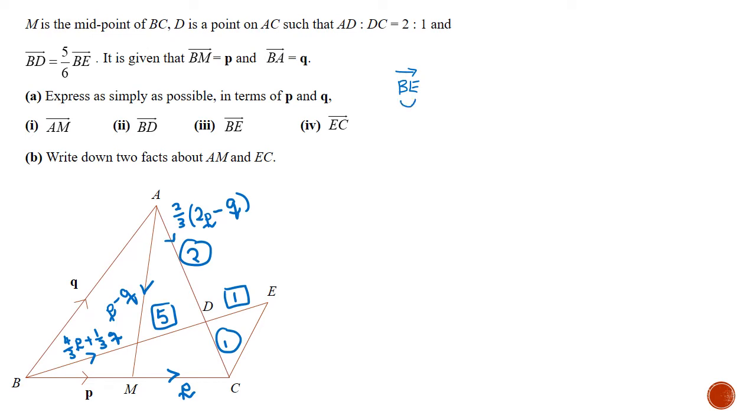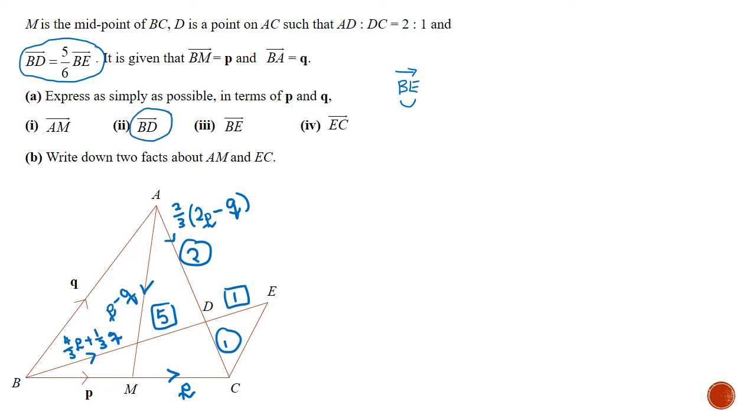Well, you may be looking at the diagram now to look for the most direct path, but you should also refer back to the question and see what type of information is already given. From the question, we recall that BD will be equal to 5 over 6 times BE, and earlier on we have already found BD.